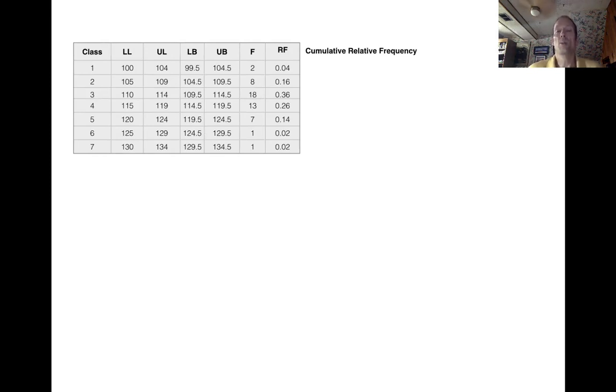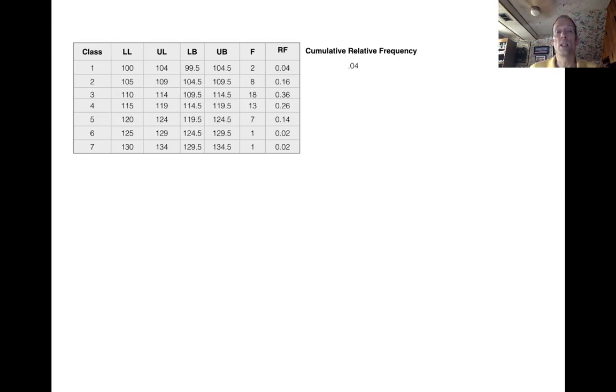So what is cumulative relative frequency? When we think of the word cumulative, it means the same thing in statistics as it does in everyday language: keeping a running total. That's exactly what we're going to do when we create our cumulative relative frequency column.